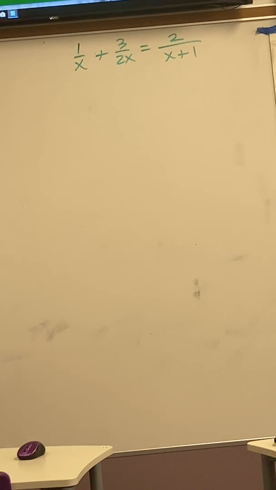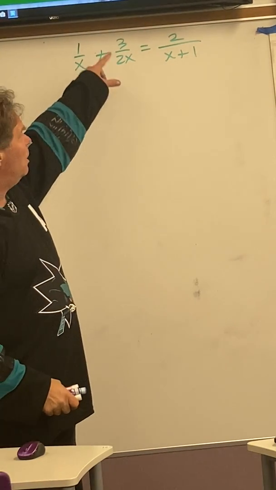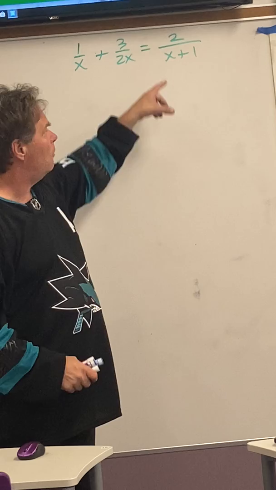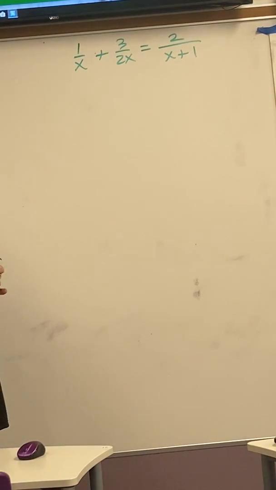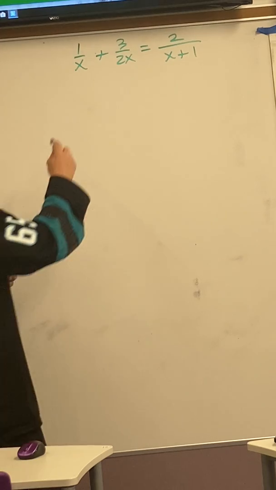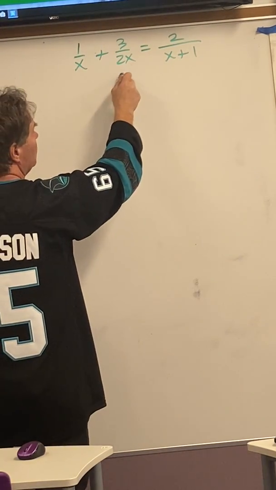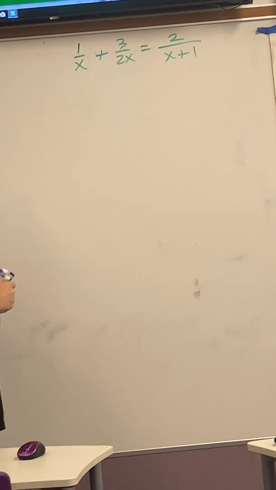Okay, so this guy right here, 1 over x plus 3 over 2x equals 2 over x plus 1. Well, let's look at the denominators. x, 2x, x plus 1. What is the smallest thing that contains everything? Well, I just start with x.